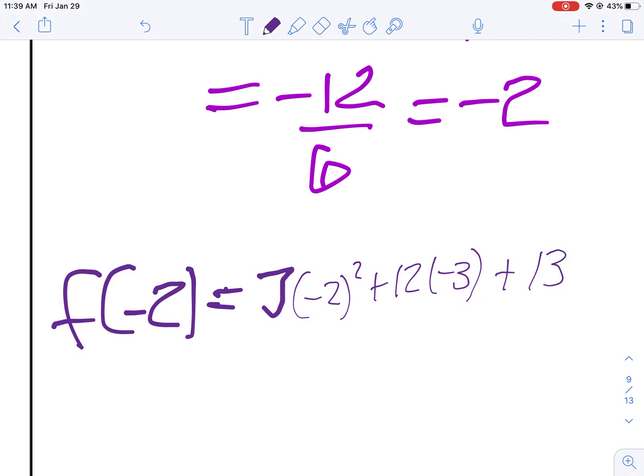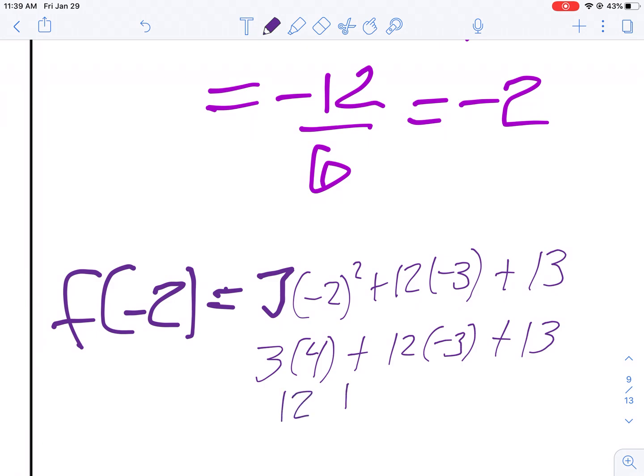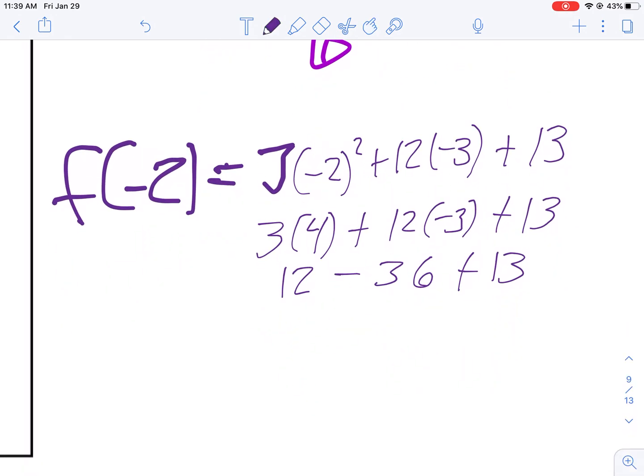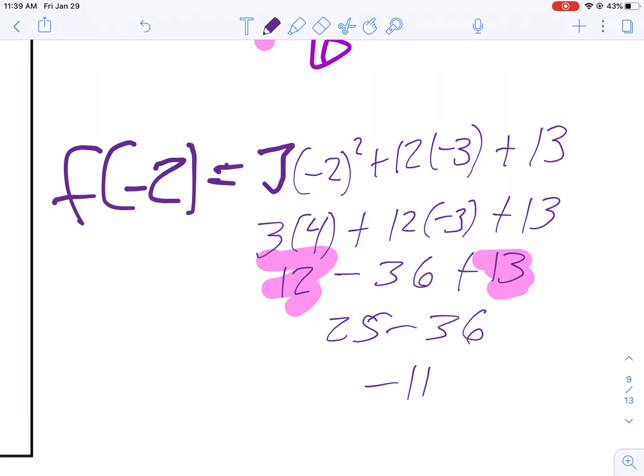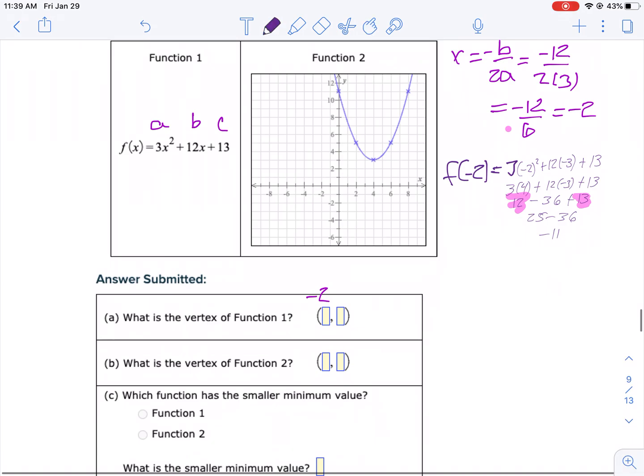So let's simplify that. We get 3 times 4 plus 12 times negative 2 plus 13. 3 times 4 is 12. And then 12 times negative 2 is negative 24, plus 13. So 12 plus 13, well, that's 25. 25 minus 36 is negative 11. So that is the vertex, that's the y-coordinate of this point.